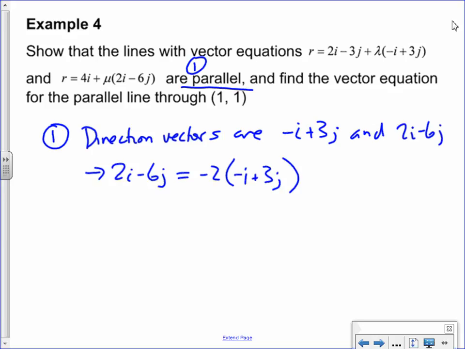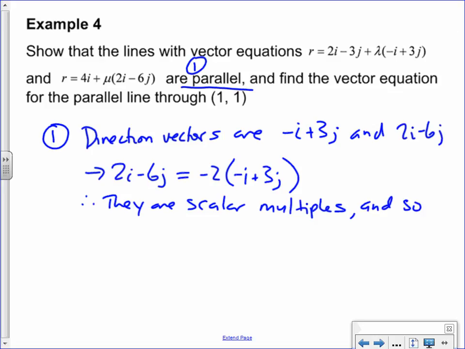Therefore, they are scalar multiples, and so they are parallel. That was the easy part. Let's do the other one. Here we go. Part 2.